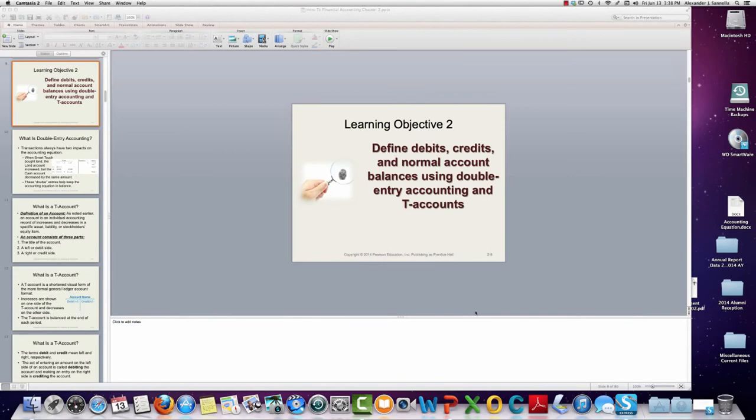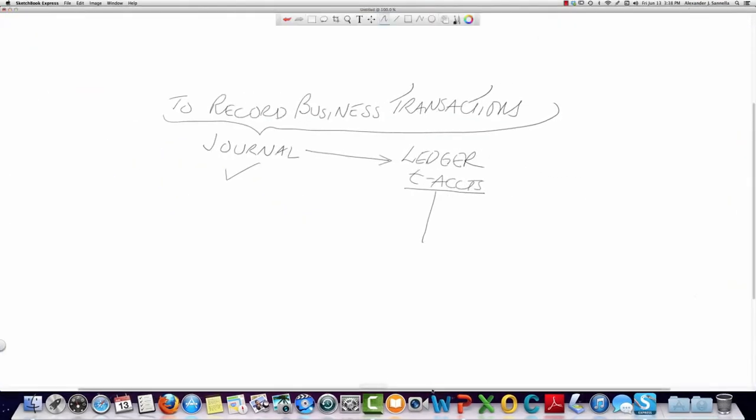Let me just go to the whiteboard for a second and just kind of spell this out for you. Let me clear or erase the whiteboard. So what I'd like you to think about is that if we took retained earnings and made sort of a giant retained earnings account, which does not exist, of course.